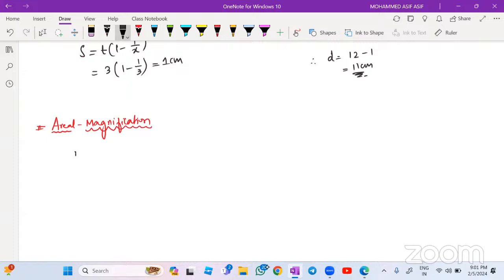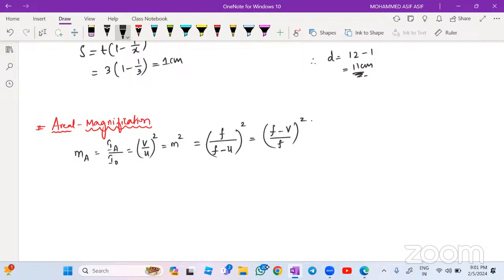Magnification, if I'm writing axial magnification, will be equal to height of image divided by height of object. Or that is equals to V by U whole square. Or that can also be written as your M square. Or that can also be written as F divided by F minus U whole square. Or that is equals to F minus V divided by F whole square.